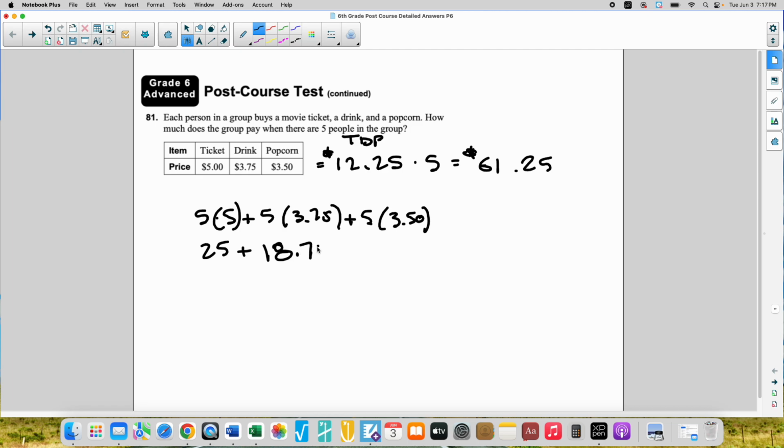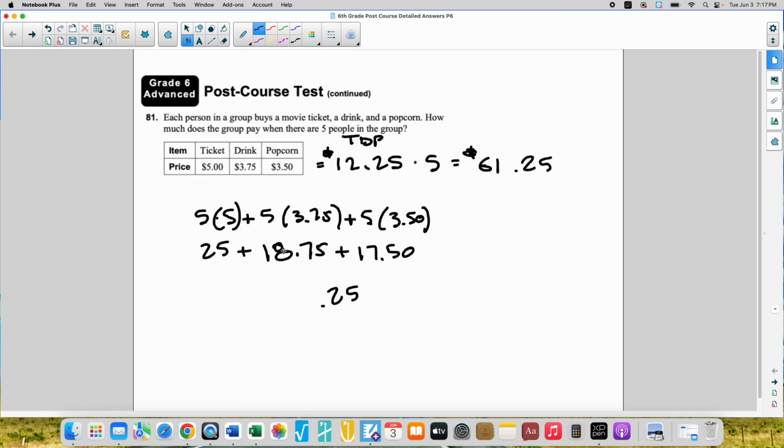I don't know if I'm doing this right. This is the problem with doing it in your head, though. And then 5 times $3.50, that's $2.50 plus 15, is $17.50. So that gives you 25, 18.75, 17.50.